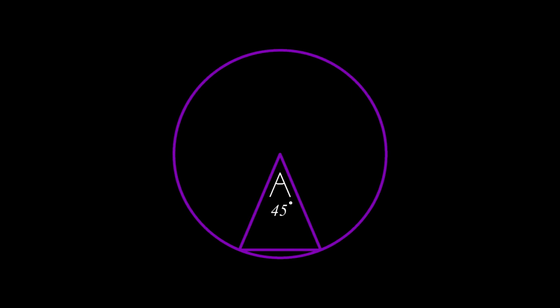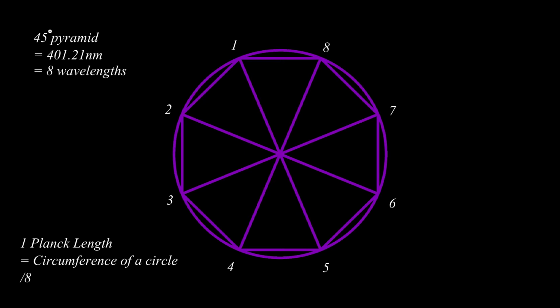Even if it doesn't the first revolution, it will at some point. 45 degrees being the beginning, then stacking 1, 2, 3, 4, 5, 6, 7, 8. So we know for sure that this angle pyramid is exactly 8 wavelengths.